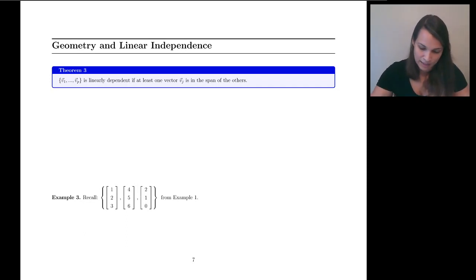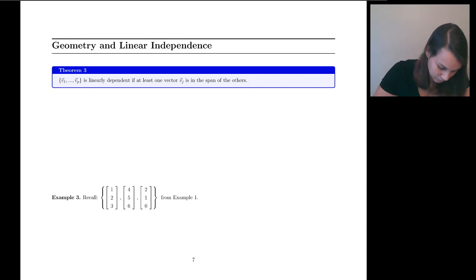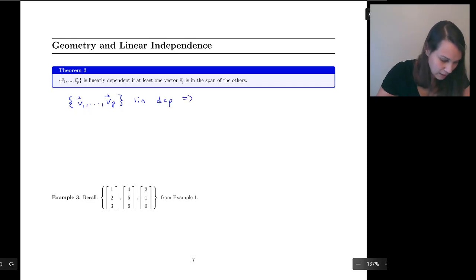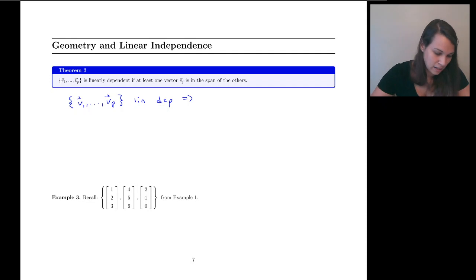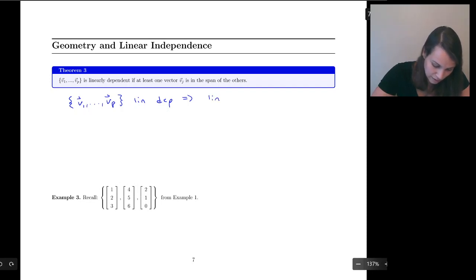And the idea behind that being is we've got V1 to VP linearly dependent. Linearly dependent means that we have linear combinations, which means that we have span.